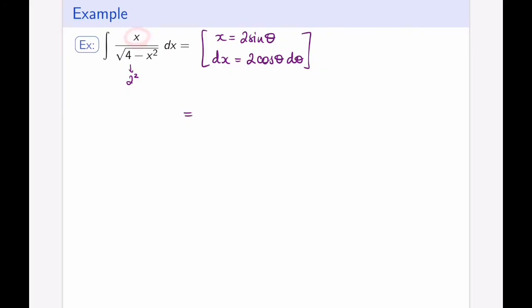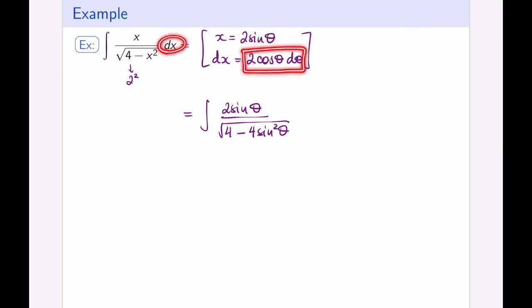So what I have here is x on top, but my x is actually 2 sine theta, divided by the square root of 4 minus x squared. So 4 minus x squared, which is now 4 minus 2 sine theta all squared, which gives me 4 sine squared theta, times dx, which is 2 cosine theta d theta.